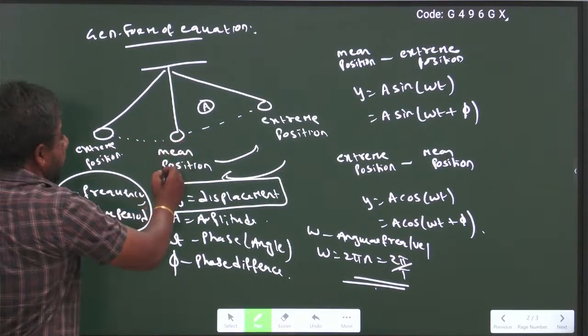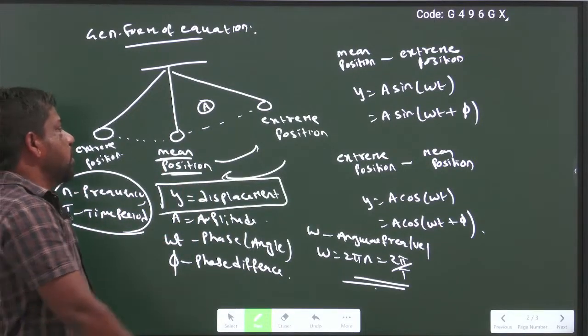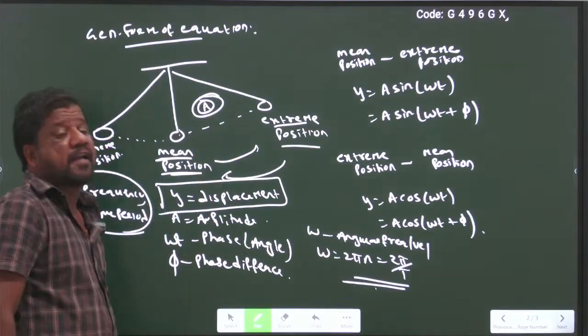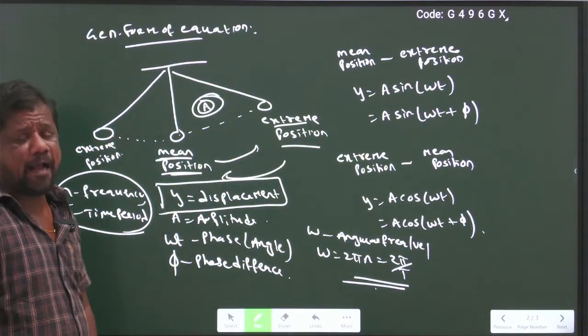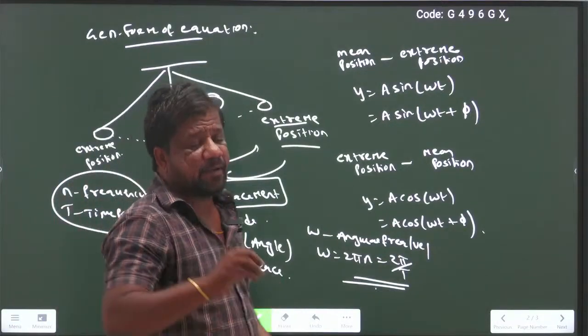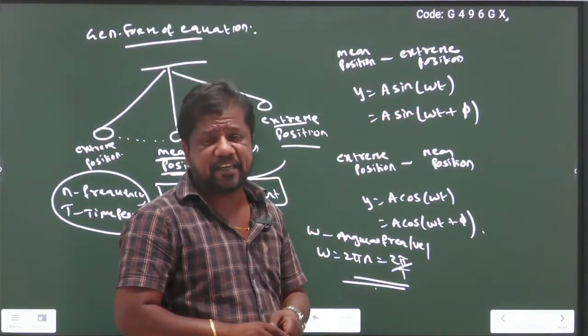This point is called the mean position. This is called the extreme position. Mean to extreme, the distance is called amplitude. The important point here is that if the examiner does not mention anything, there is no issue. Consider it as moving from mean position to extreme position.